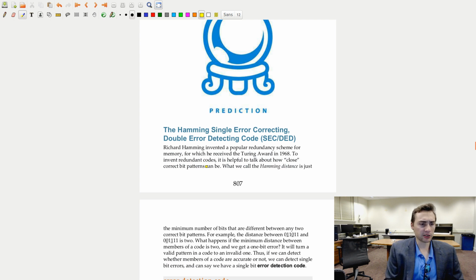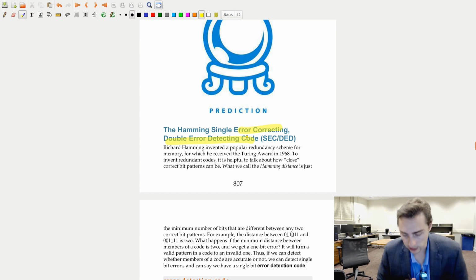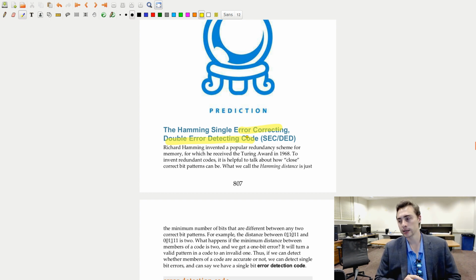We can use error correcting codes and double error detecting codes, and we can embed this into how we're storing our data. That way, when we read the data again, we can check some error correcting code and see if whatever data we read is the data that we're actually trying to read.